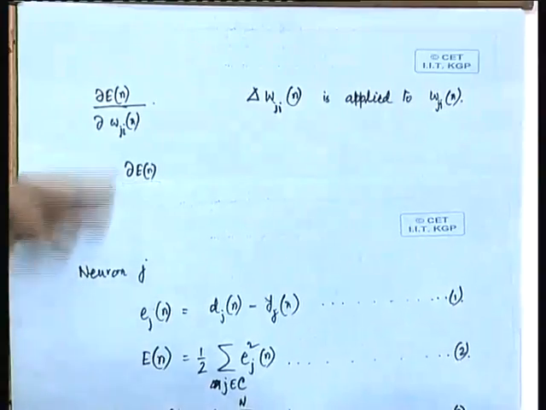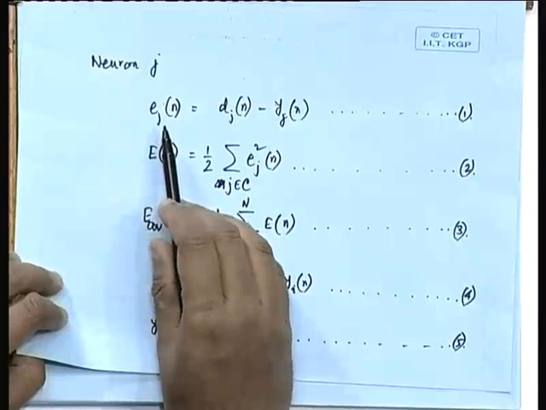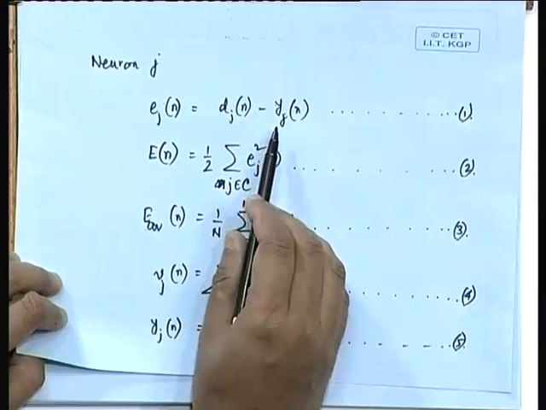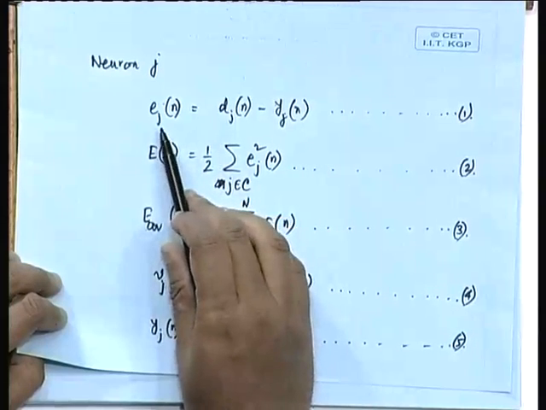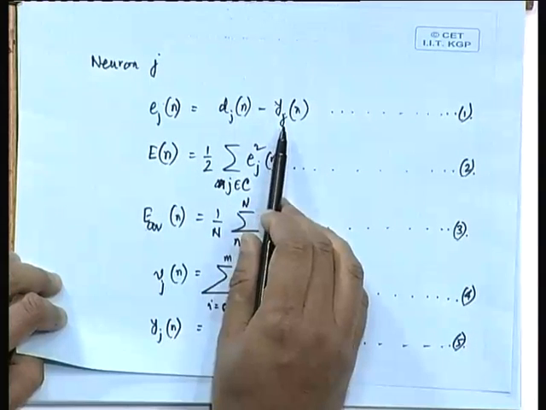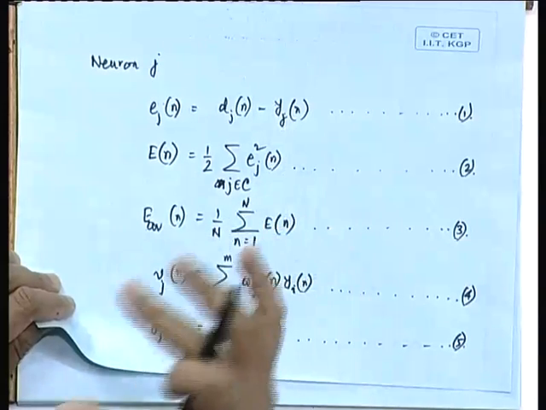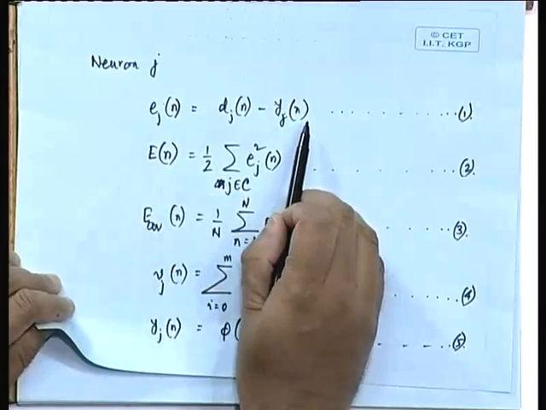∂Ej/∂Wji(n). Again note that there is no direct relationship between ∂Ej and ∂Wji, so we can only calculate ∂Ej/∂Yj. If we write this term ∂Ej/∂Yj as the second expression in the chain rule of differentiation, then we can calculate that very easily.